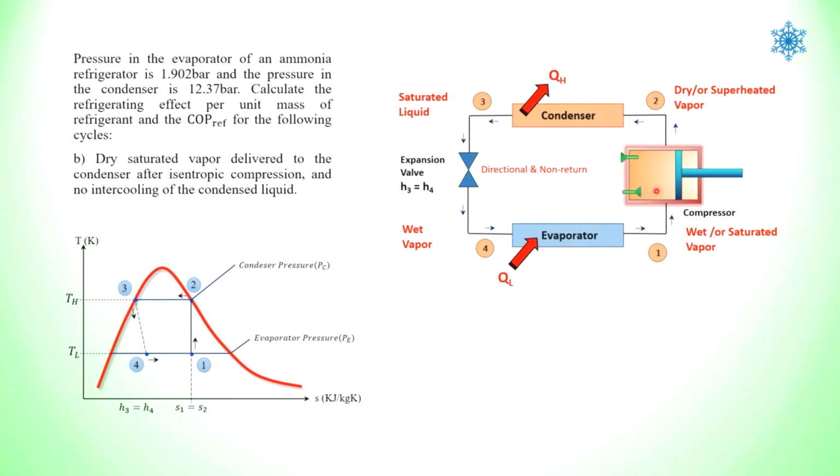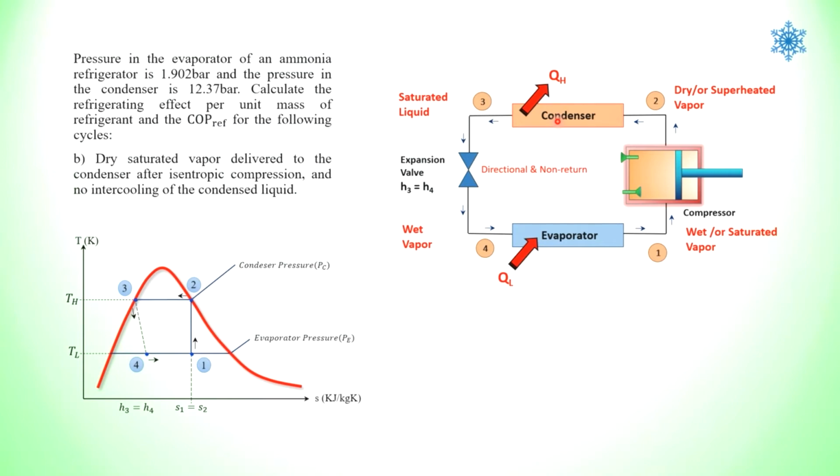The evaporator, compressor, and condenser still remain reversible, reversible, and reversible. But these three are reversible, and this one becomes irreversible.